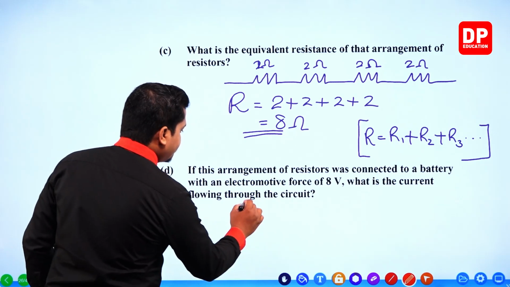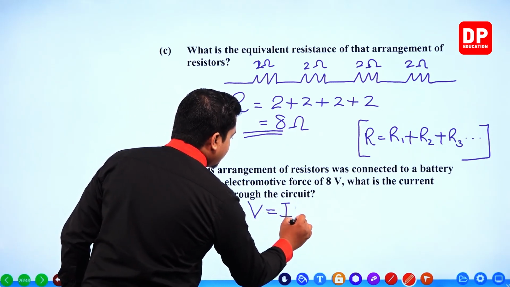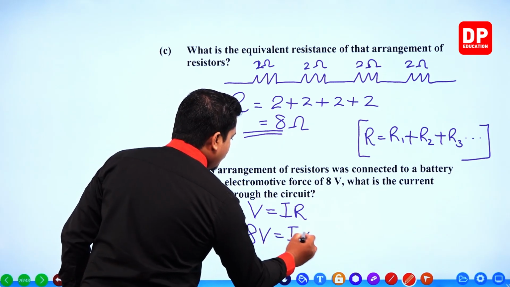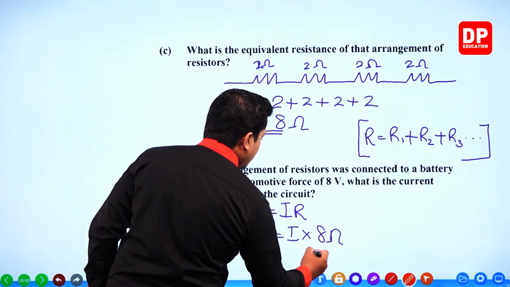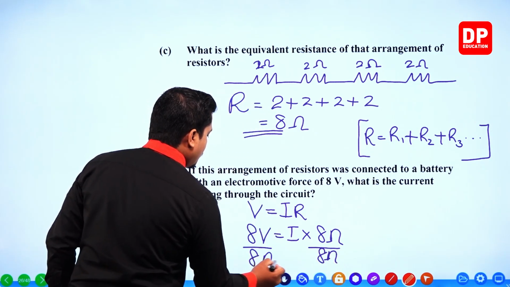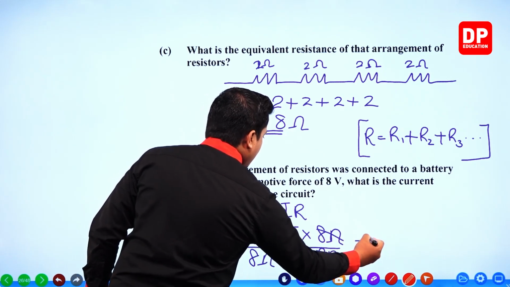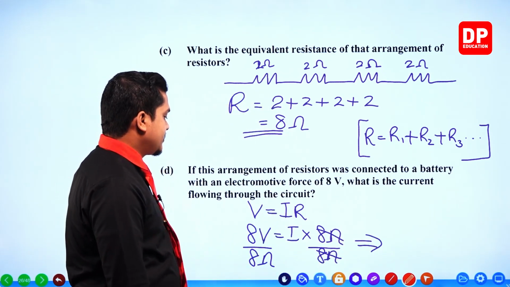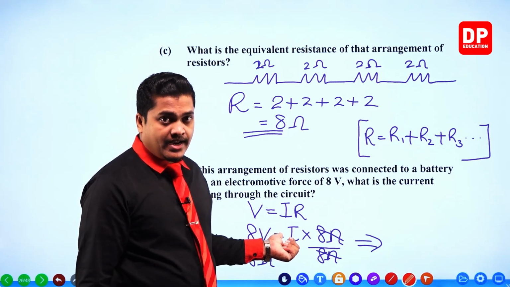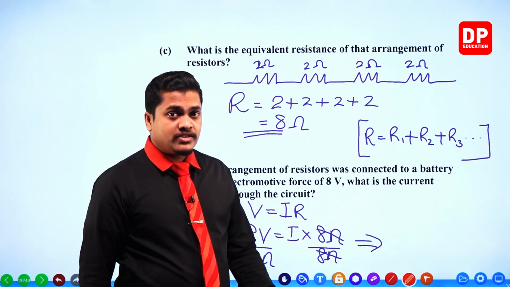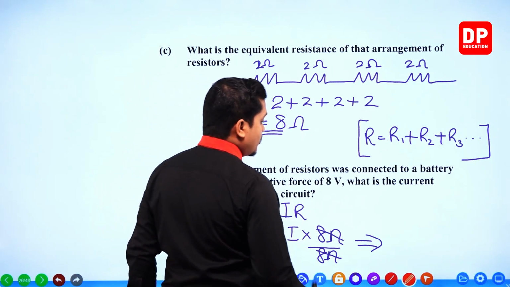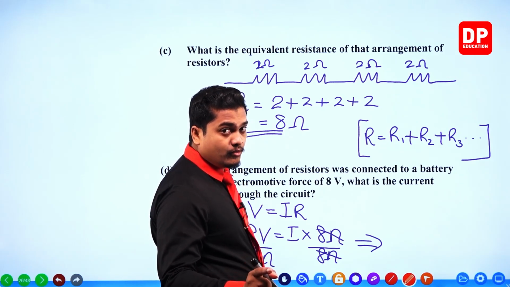So V equals IR. Voltage is 8, current we don't know, resistance is 8 ohms. Divide both sides by 8. If you substitute these using their international standard units, voltage in volts and resistance in ohms, we get the current also in its international standard unit, which is amperes.